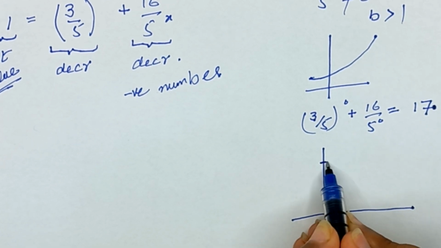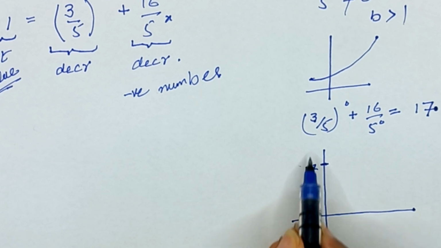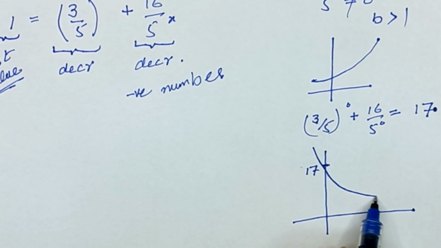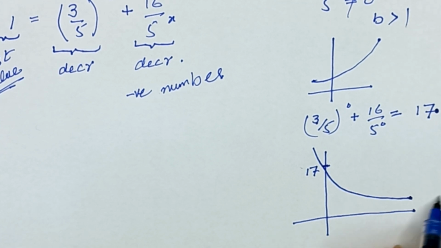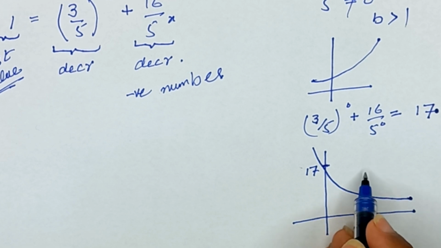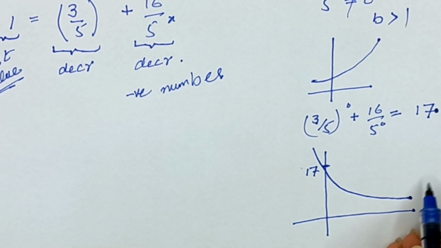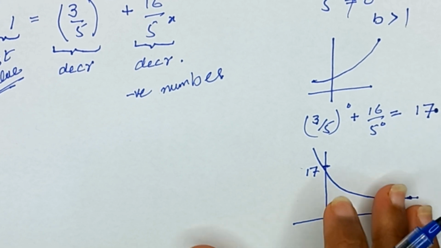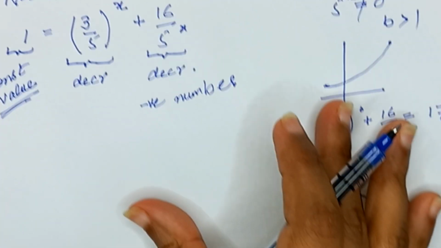Let's suppose here we have 17. So it will be a decreasing function. Now here x tends to infinity, the function is above the x-axis, so it does not touch or reach 0. And also here we have a constant function 1.